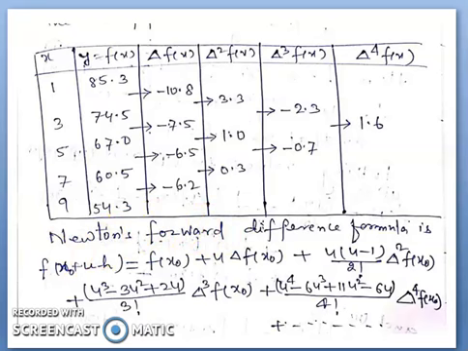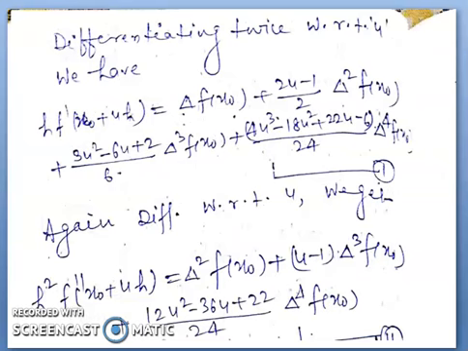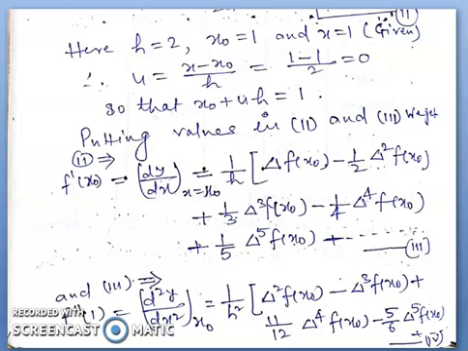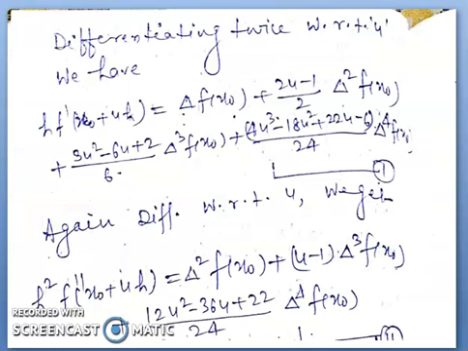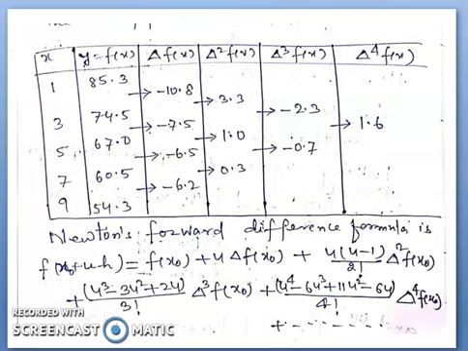Now we differentiate this equation twice with respect to u. This is the Newton's forward difference formula and now we differentiate this equation with respect to u.